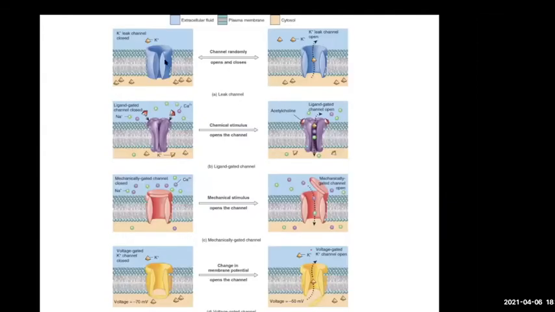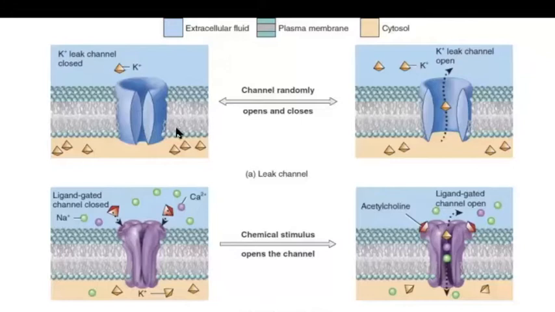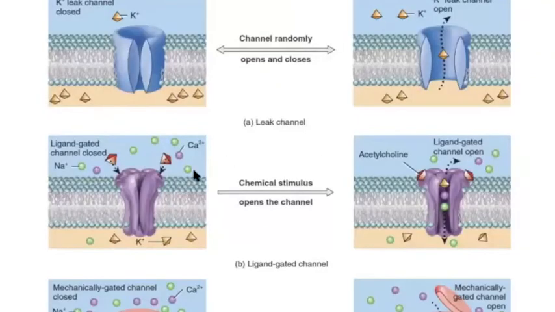Way back when, we also talked about different types of ion channels and how they might be gated, closed and open in response to something. We had leak channels that were randomly open. Then we had channels that open in the presence of a certain ligand, like a hormone, and then whatever was around would flow down its electrochemical gradient.